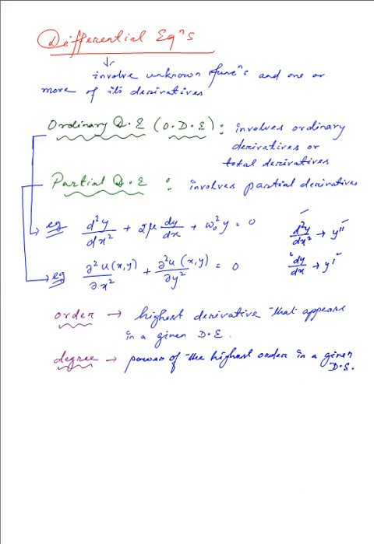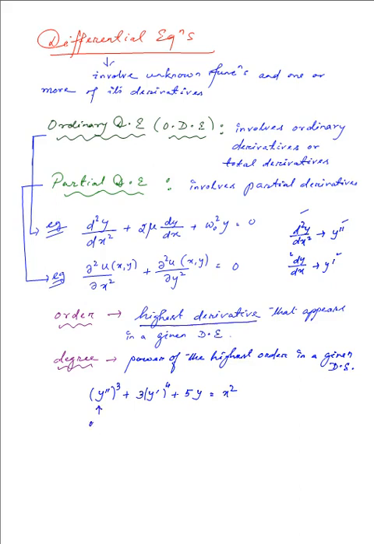So if we were to consider an equation where we have y double primed cubed plus 3 y primed, that is a single derivative, taken to the power 4, and 5y, and this is equal to x squared, then the order of the equation that we have over here is second order, because the highest derivative present in this equation is the double derivative.